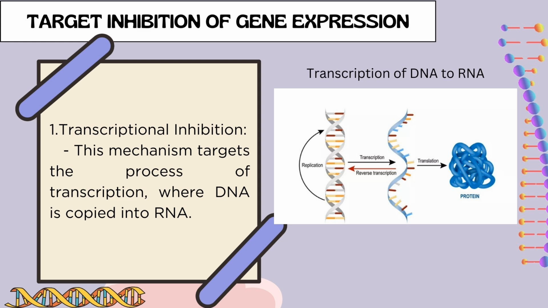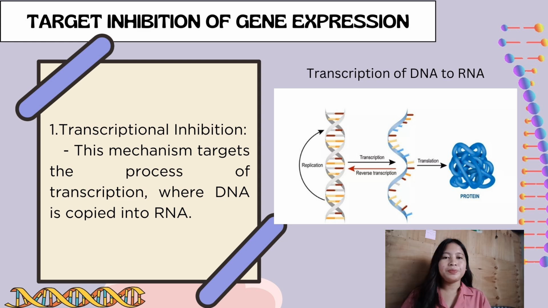The first approach in target inhibition of gene expression is transcriptional inhibition. In transcriptional inhibition, this mechanism targets the process of transcription where DNA is copied into RNA. Ang transcriptional inhibition ay isang proseso kung saan pinipigilan ang pagbuo ng RNA mula sa DNA.